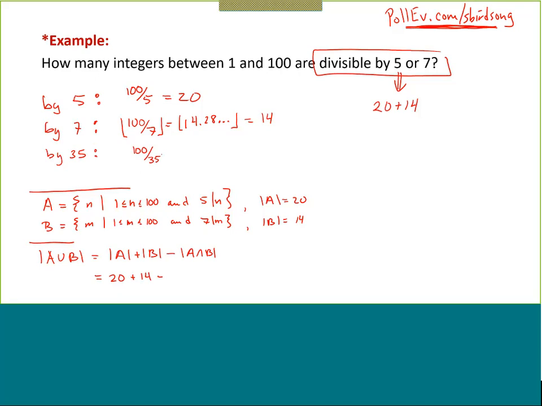So what happens if we go ahead and do 100 divided by 35? Anybody happen to get what that number is? I realize it will be a decimal, but if you truncate the decimal off, anybody get what that number is? Or if you want to give me the decimal, that works too.